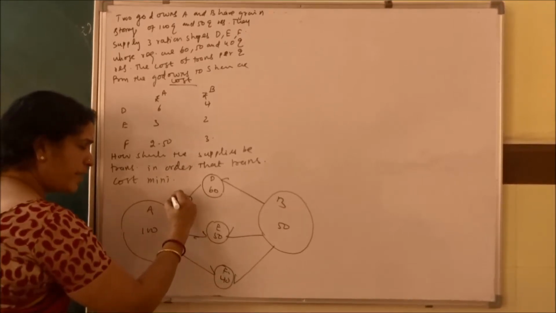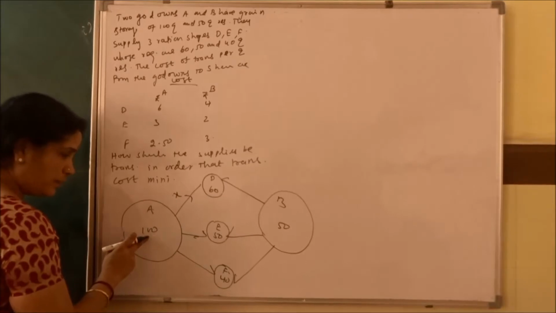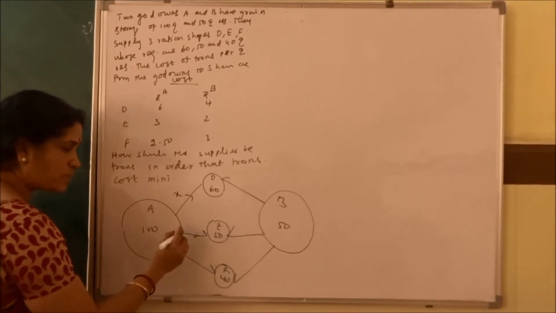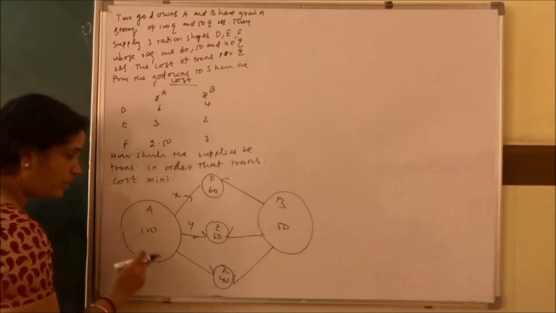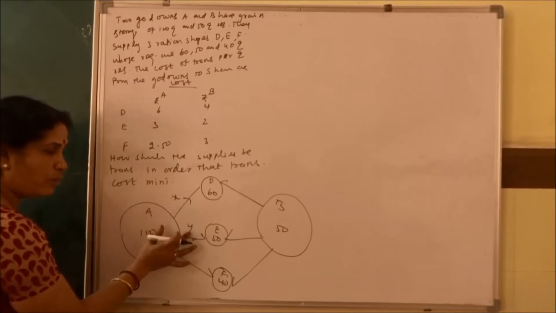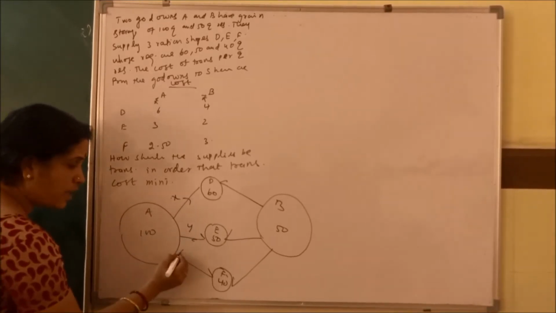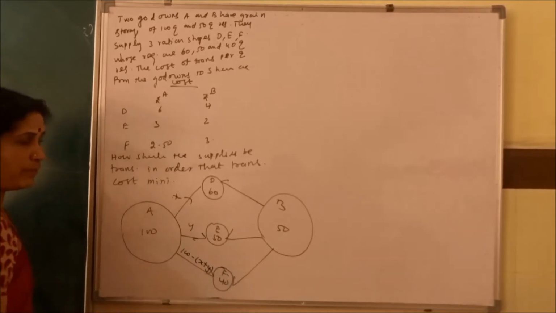So let x quintals be transported from A godown to D shop, and from A godown to E shop they supplied y quintals. So we have linear programming with only two variables. Total stock we have is 100. We have supplied x quintal and y quintal, the remaining 100 minus (x plus y) quintal is supplied to F.